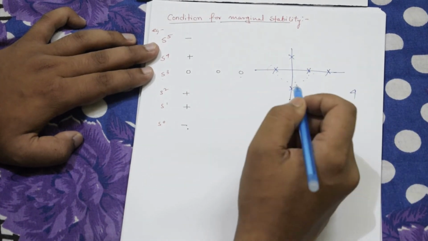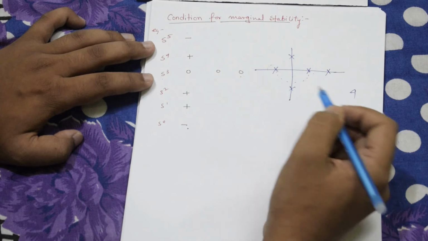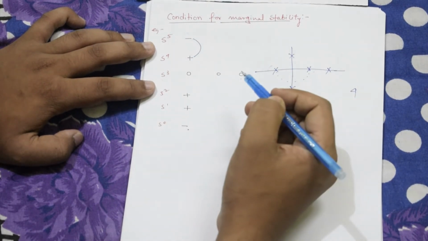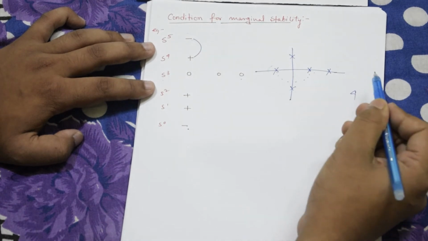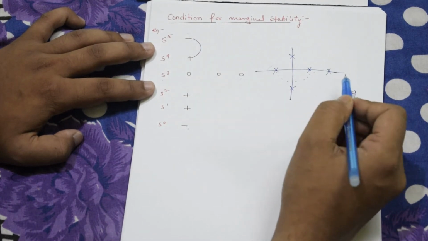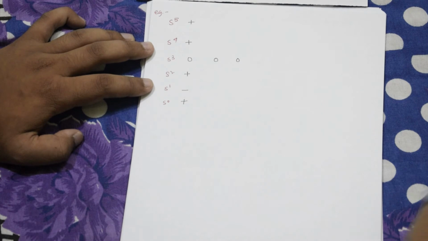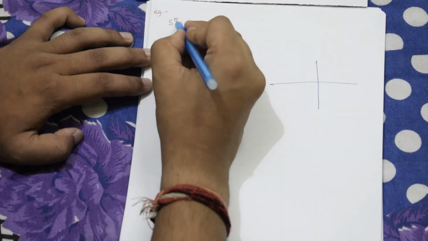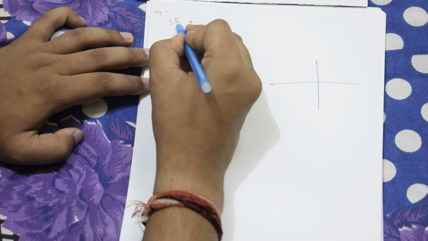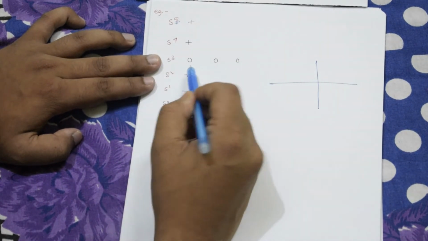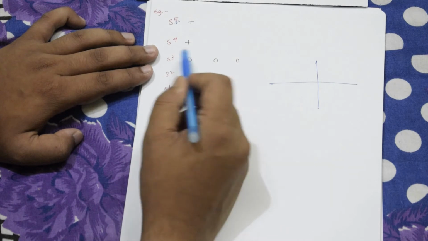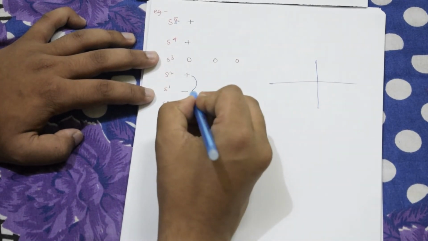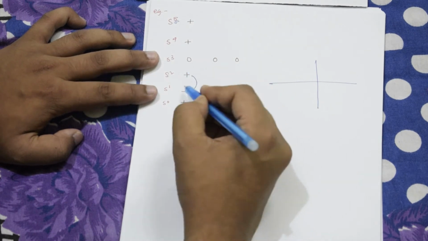The number of sign changes tells us the number of poles in the right hand side of the s plane. One sign change is there. That means the number of poles in the right hand side of the s plane is 1. If it is in this fashion, how many poles are there? Total number of roots is 5, total number of symmetrical poles is 4, and the number of sign changes below the row of 0 is 2.